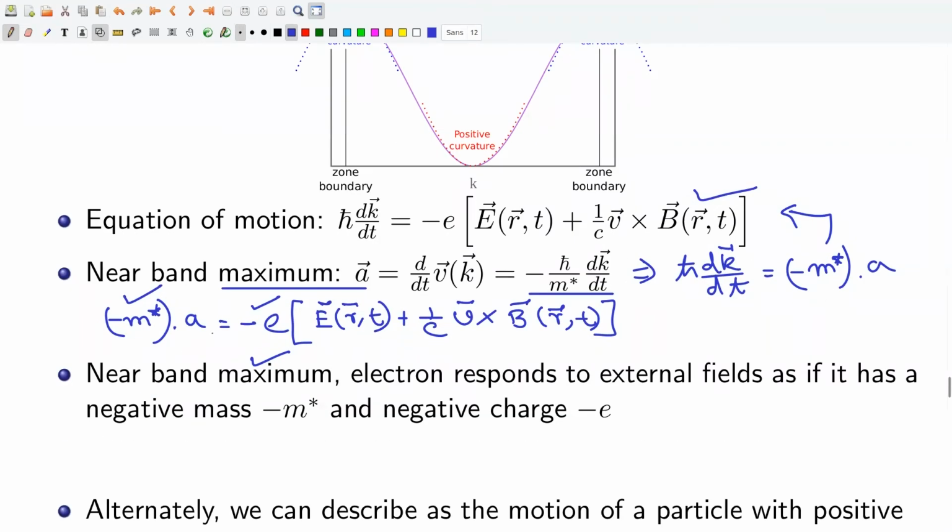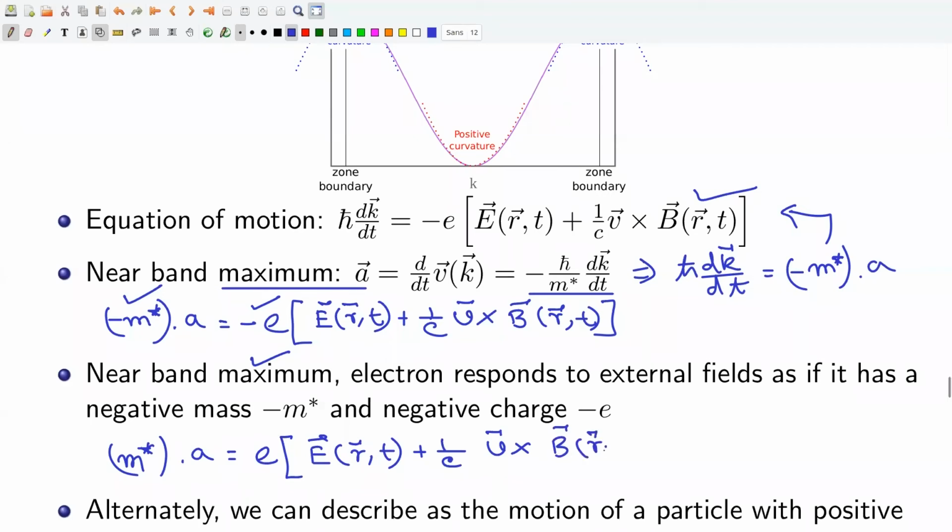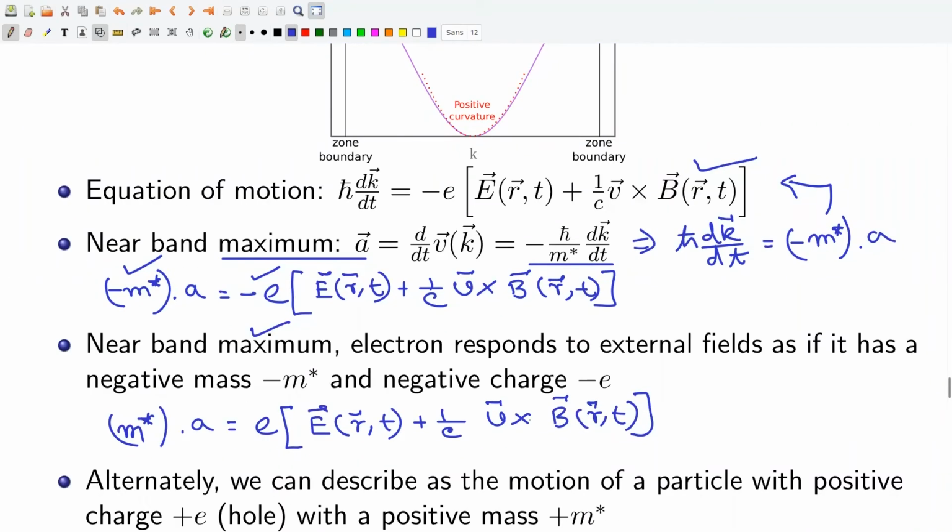Now we can cancel the negative sign from both sides of the equation and rewrite this as m star times a is equal to e times the electric field plus 1 by c v cross B. This equation is an alternate way of describing the previous equation.